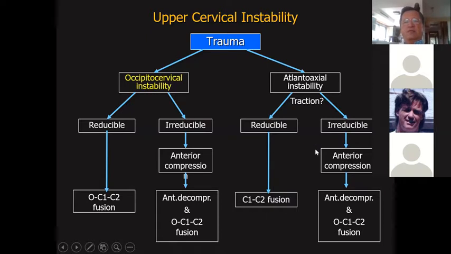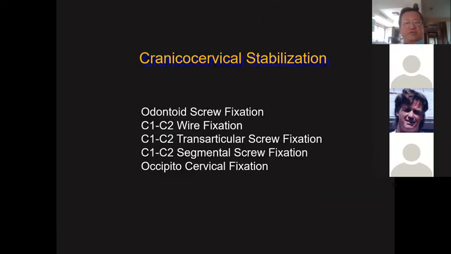So then you may need decompression plus posterior fixation. If there is some sort of occipitocervical instability, then we must also look at reducibility. If it's reducible, occiput C1, C2 fusion. If it's irreducible, anterior decompression plus posterior fixation, occipitocervical fixation.